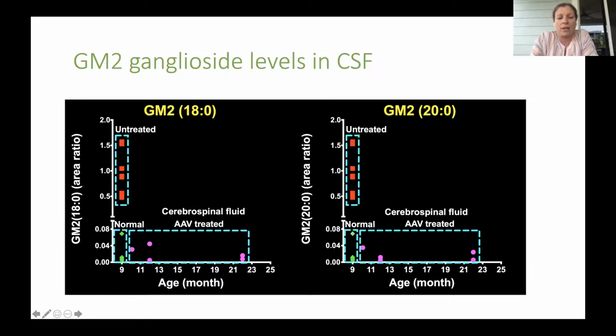And then the AAV treated animals in different ages are depicted down below in the purple dots, suggesting that the GM2 storage in the cerebrospinal fluid of these sheep is normalized, which is really an important biomarker for clinical trials so that they have something to try to sample. I mean, it's easy to do an LP in a patient and be able to say, okay, this CSF, is ganglioside being cleared or not cleared.